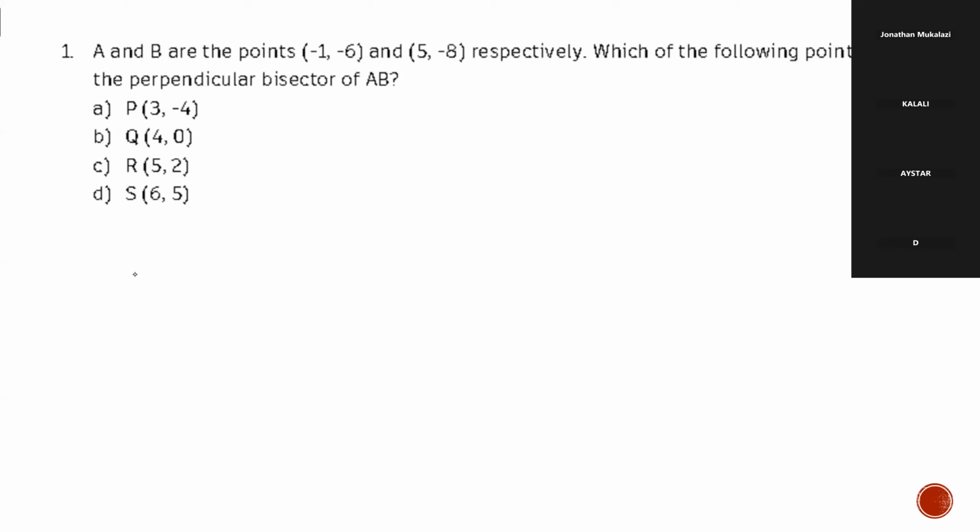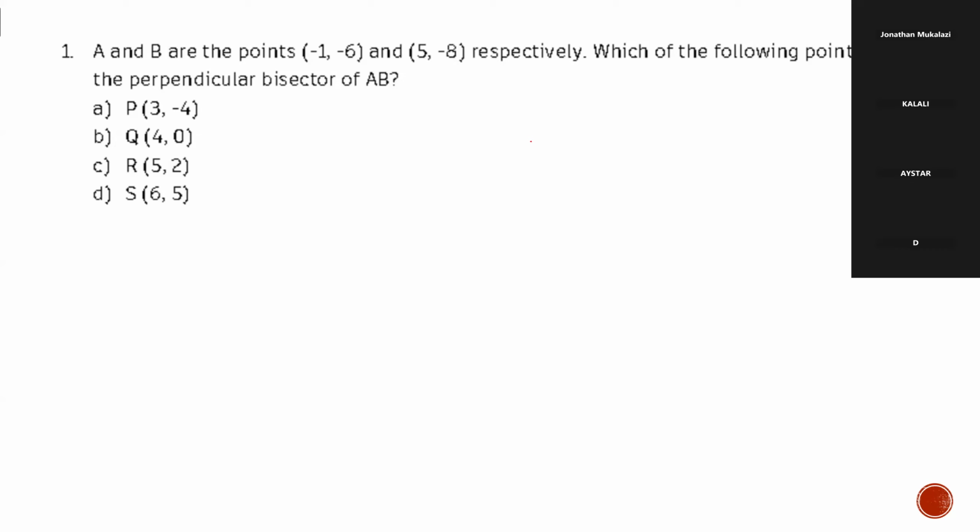the fact that points on a perpendicular bisector satisfy the equation of the perpendicular bisector of the line segment. We know that the midpoint of the line segment lies on this perpendicular bisector, and the perpendicular bisector is perpendicular to the line segment.